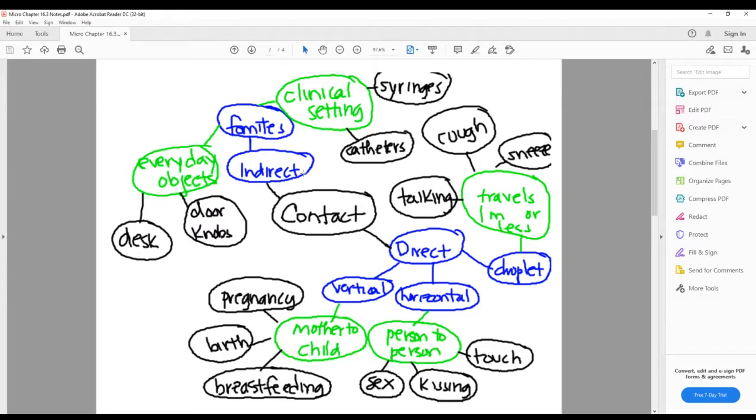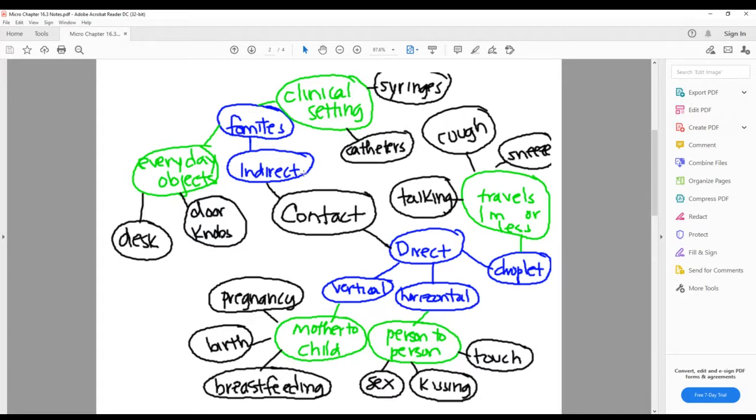So we have those fomites, those inanimate objects that can transmit disease. We can have our everyday objects, and this is predominantly the way that we are infected through fomites. So things like phones, desks, doorknobs, handrails, elevator buttons, toilet handles, okay? But we also have fomites in the clinical setting.